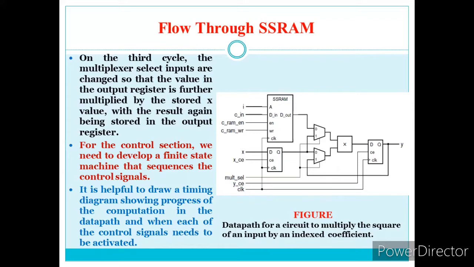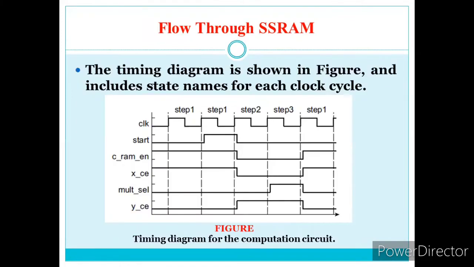It is helpful to draw a timing diagram to understand the sequence of operations, showing the progress of computation in each data path and when each control signal needs to be activated. Now let us see the timing diagram of a flow-through SSRAM. You can observe in the figure that there are step 1, step 2, step 3, and step 1 is repeated again, along with the control signals.